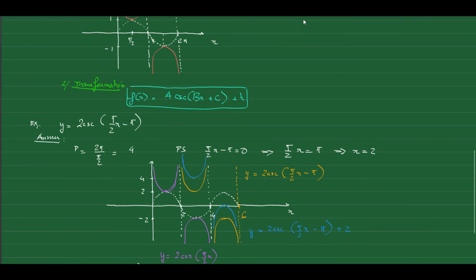All right, now last function. Last function is secant, number 4. And secant is based on the cosine. Secant function.